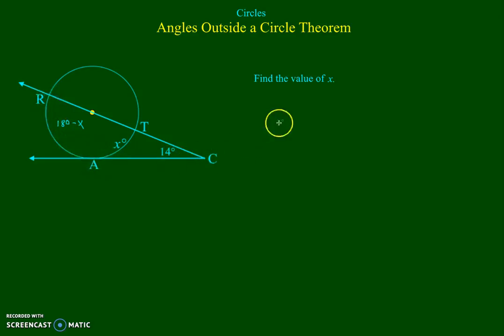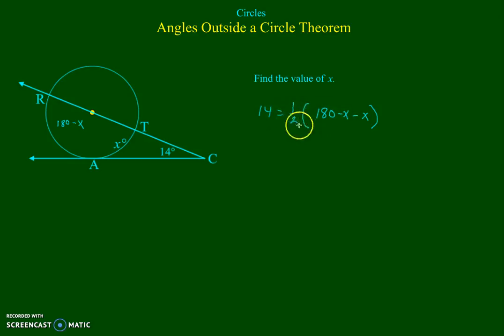Now we can use our standard formula that 14 is 1/2 the big, which is 180 minus x, minus the small, minus x. And you need to be careful on how you write these things so that you don't mess up signs and things of that nature. But we have the same basic idea as we had in the last example.